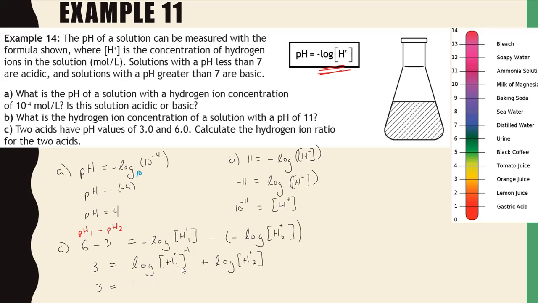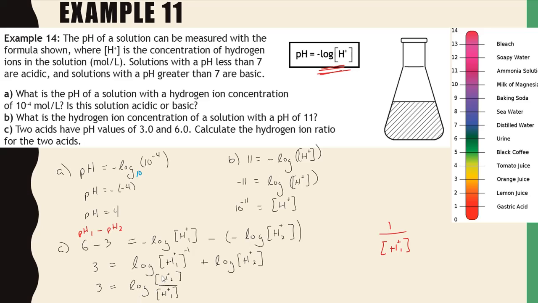Now we can use the product law, so we get log, and I'm going to do something right now. This can be rewritten as 1 over H+ 1, so we can reciprocate it. And that'll make my life a little easier because 1 times H+ 2. So we're going to get H+ 2 all over H+ 1.